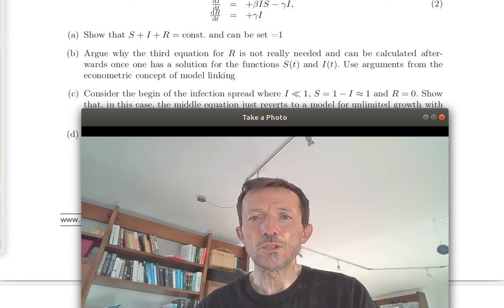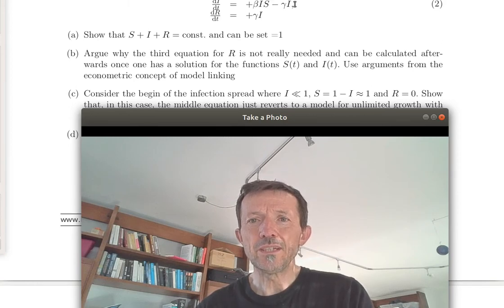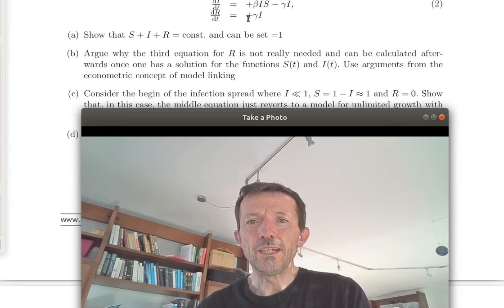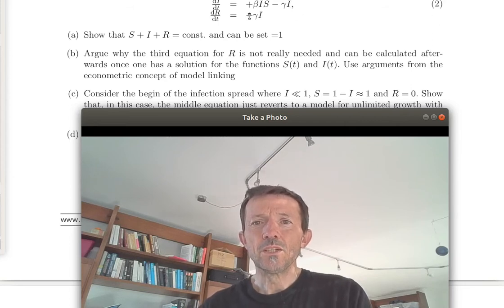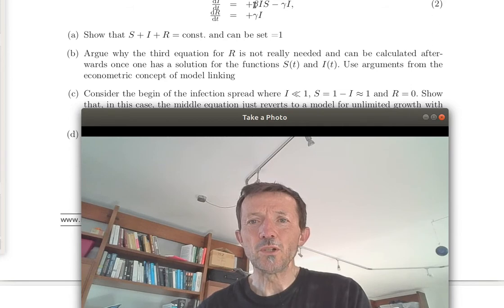And also the first two are model linking, because S depends also on I, and I depends on S, but on nothing else. So that means this is a linked model in itself, the first two equations, and the third equation is just chained to the first equation, but only in one direction.